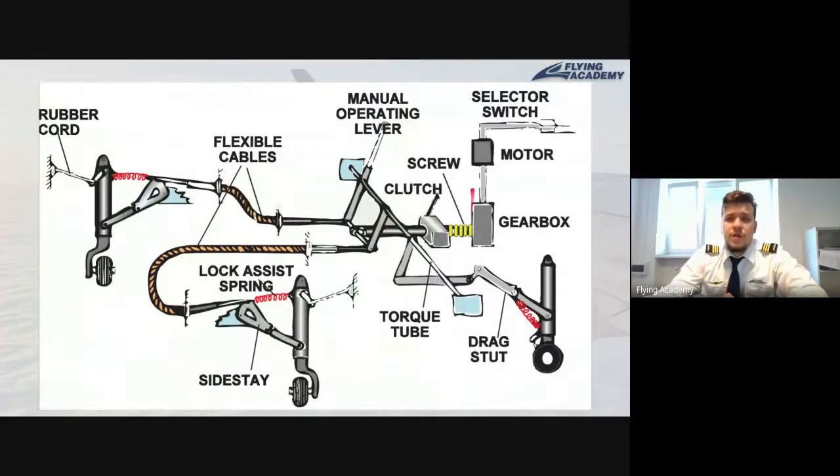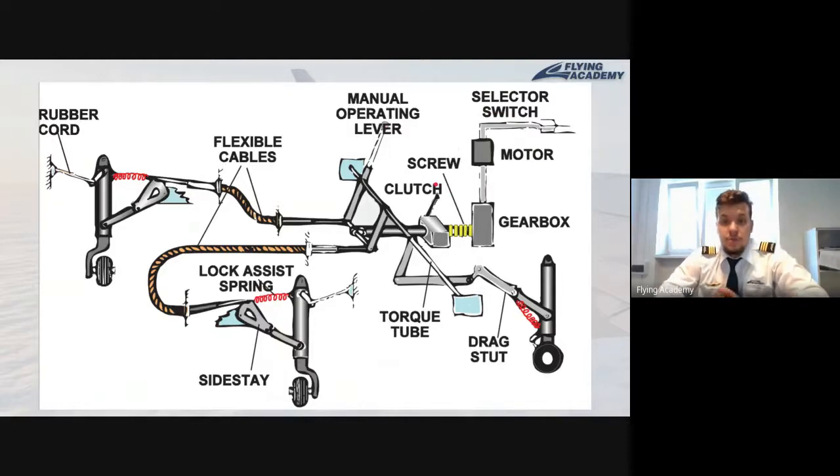So technically, our electrical motor will connect into the gearbox, and this gearbox may rotate some special shafts, or it may actually rotate and move some, for example, cables. And these cables will transfer the energy from the electrical motor to the landing gear retraction mechanism. So technically, our retraction and extension will happen mechanically from electrical power.